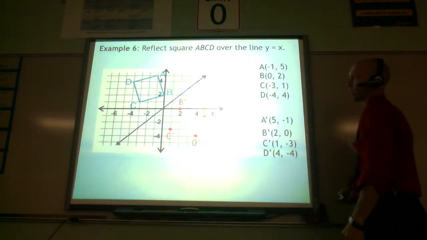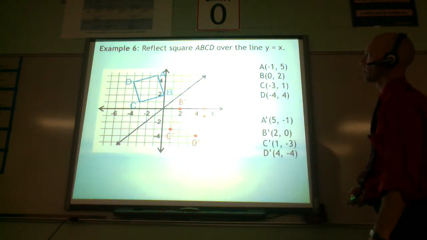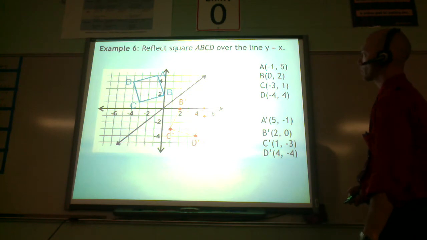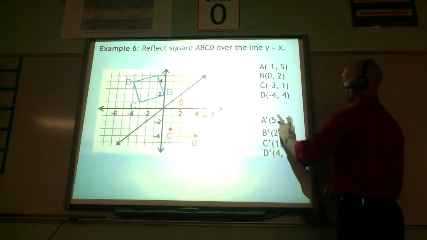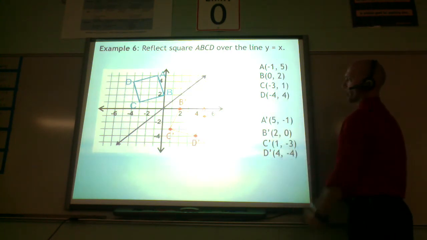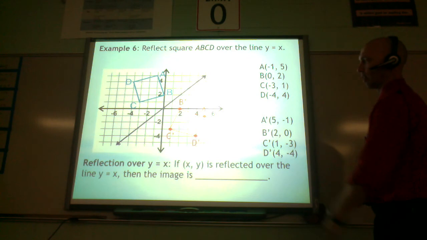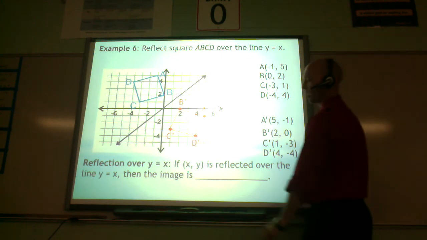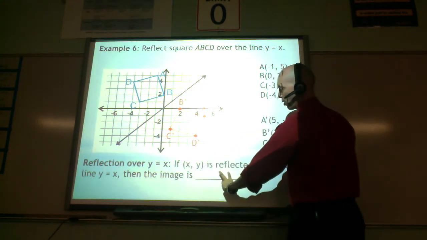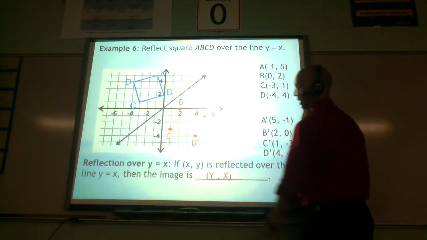Flip. That's what I guessed. There's my new shape. So whenever you flip over the line y equals x, all you do is change the order of your x and y's. That's it. Just flip the numbers around. x, y becomes y, x. So here it is. If you were flipped along the line y equals x, if your ordered pair is x, y, your new reflection will be y, x.